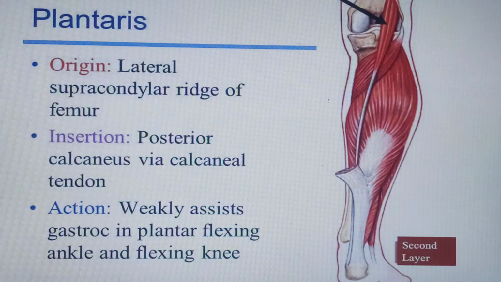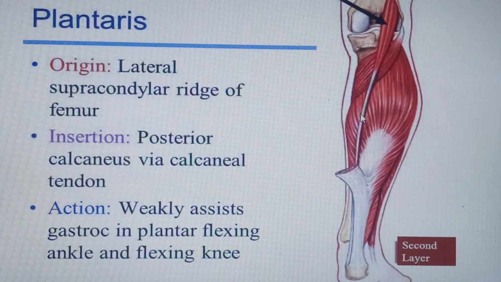If you are a student at medical school for your first time, you may think, of course, this is a nerve because of how long it is. But running medially from the posterior region, there is no long nerve over there for you to confuse it with. This is actually the tendon of the plantaris muscle.